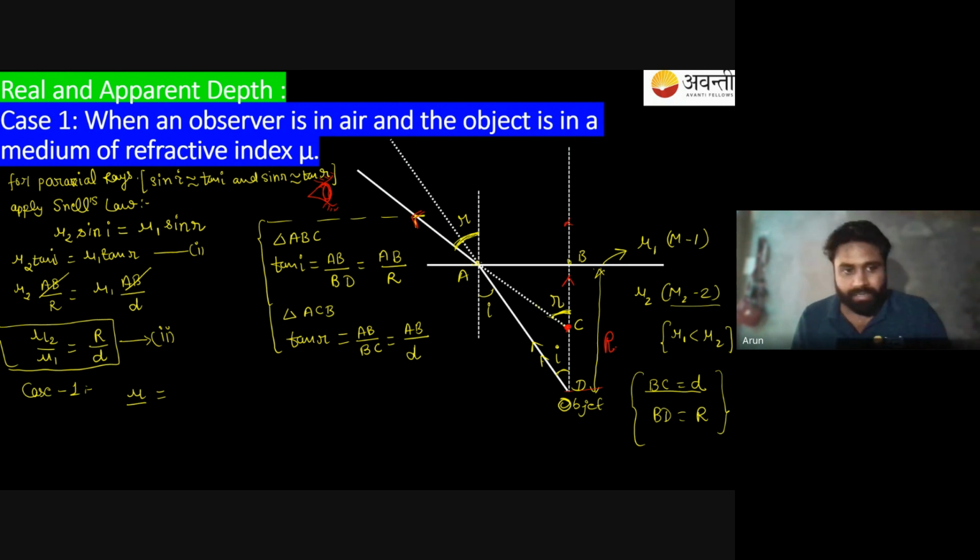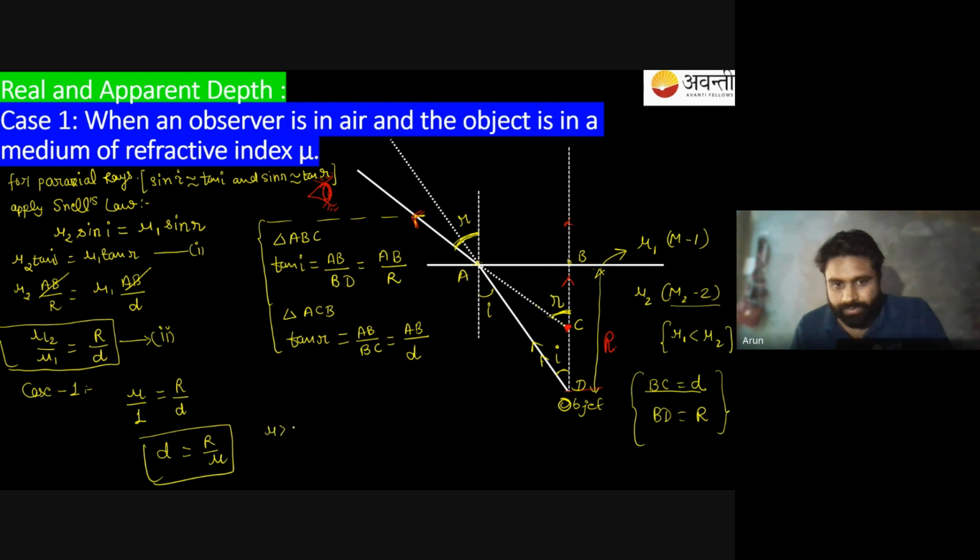That's simple. Where is the ray going? It is going into air. The observer is in air, and the refractive index of air is 1. Now this is R divided by D. So from here you can say that D is R upon mu, and mu is always greater than 1. So D is less than R.